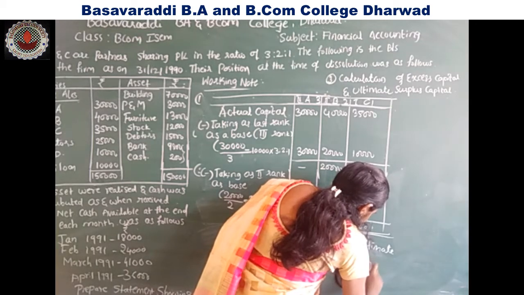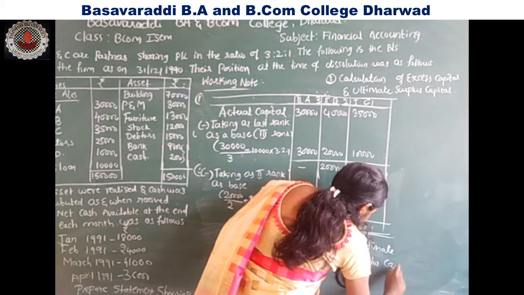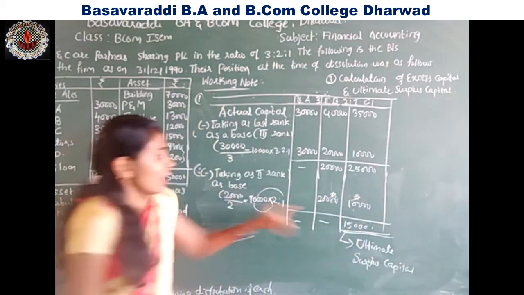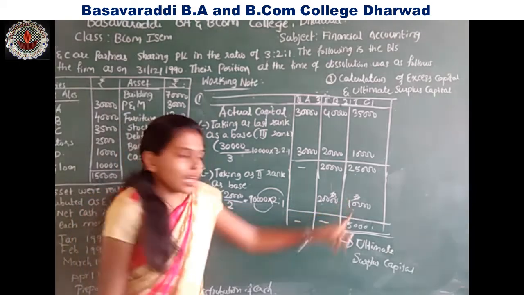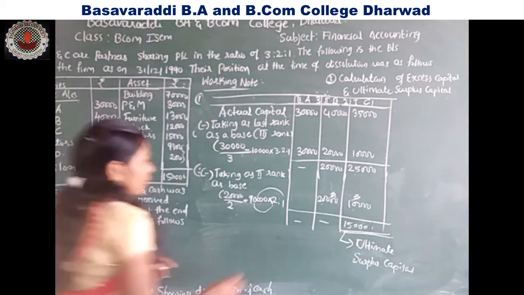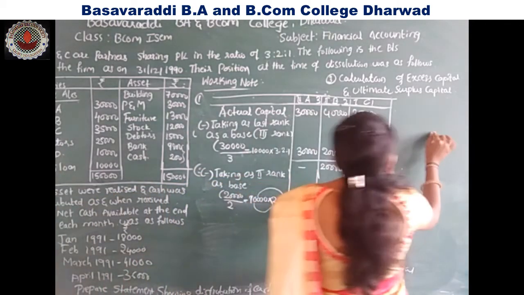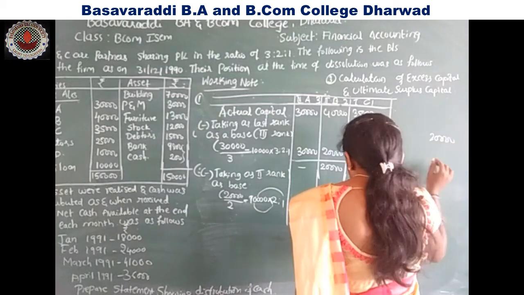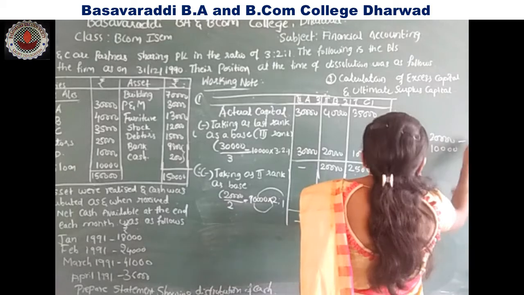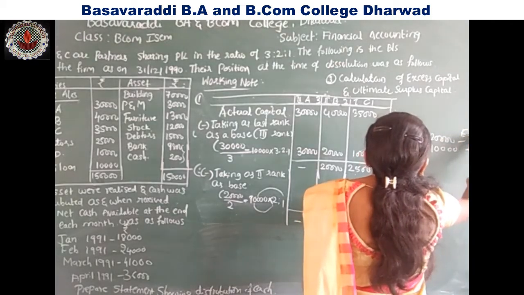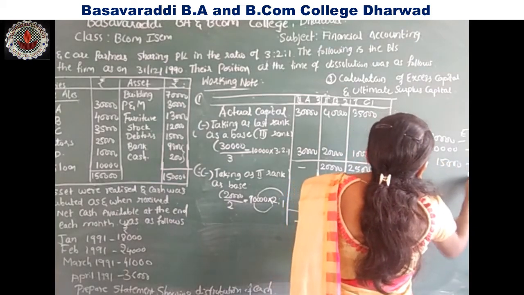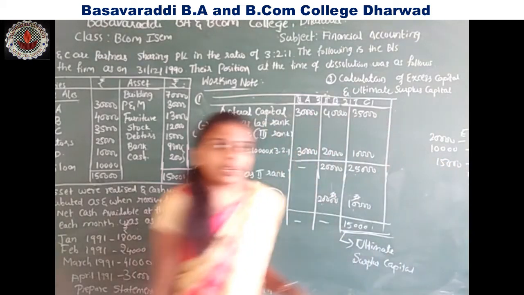And then excess capital. These two are the excess capital of a partner. 20,000 and then 10,000 are partner B and partner C's excess capitals, and then 15,000 is partner C's ultimate surplus capital.